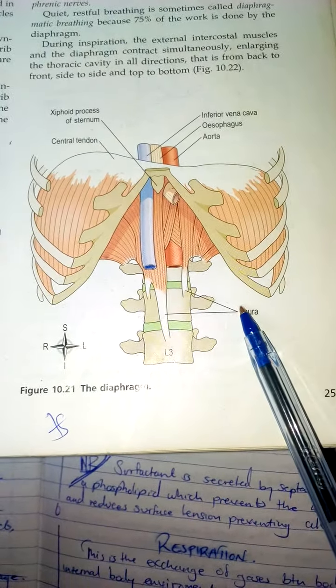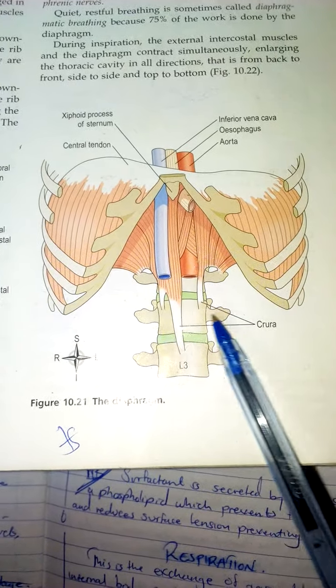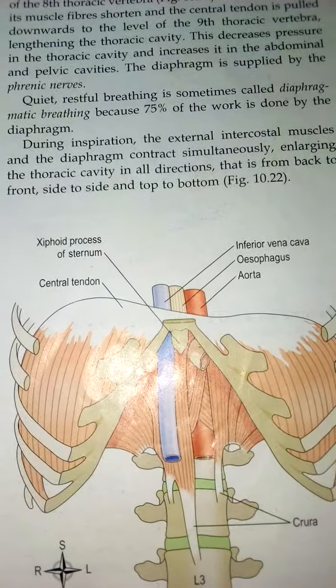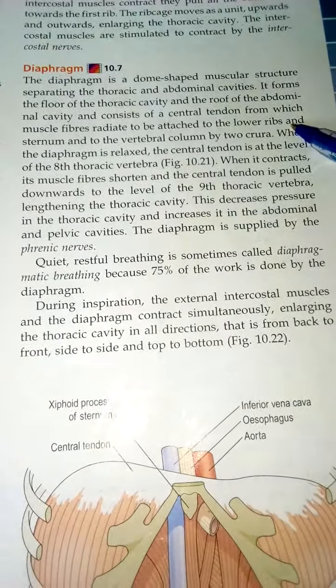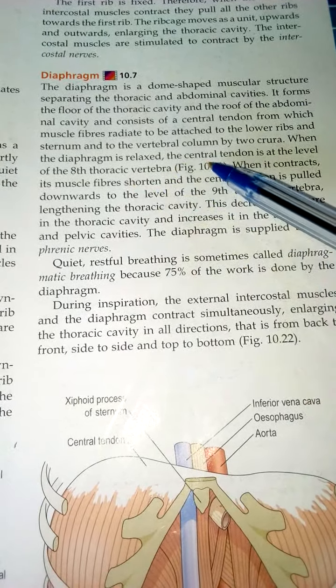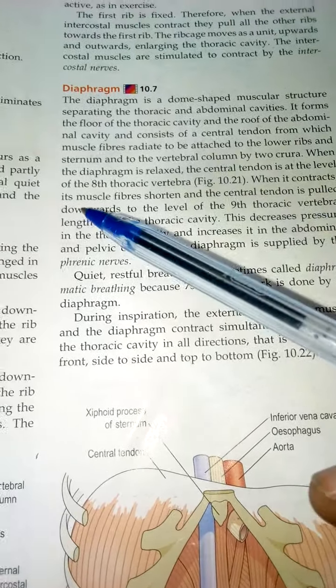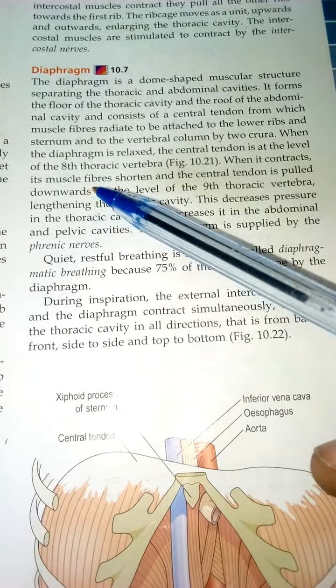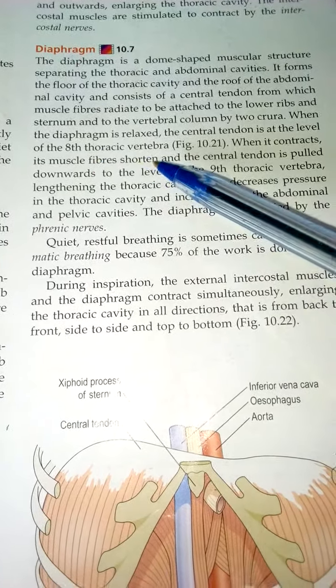This is what we are talking about, between the crura. When the diaphragm is relaxed, the central tendon is at the level of the eighth thoracic vertebra.